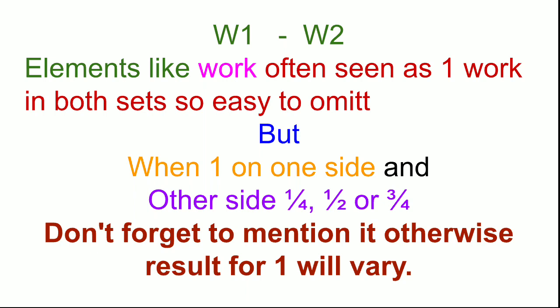So if I write M1 D1 H1 by W1 equal to M2 D2 H2 divided by W2 and mention one side value 1 and other side value 1 by 4, so automatically 1 by 4 will be taking 4 times value of set 2, making it equal to set 1 value.